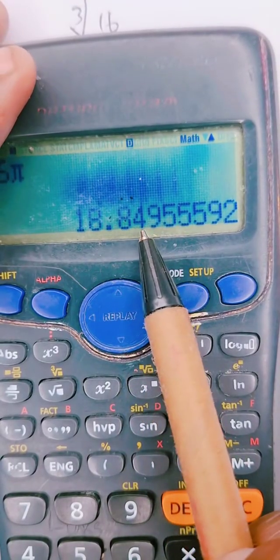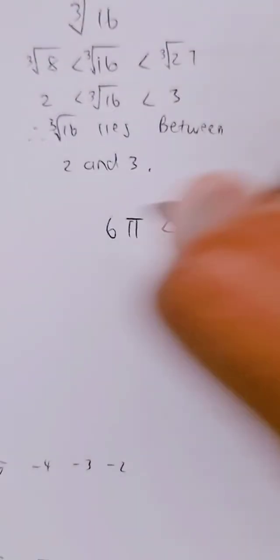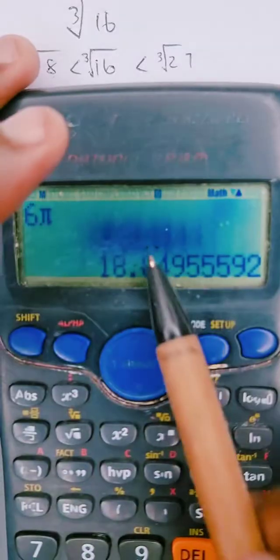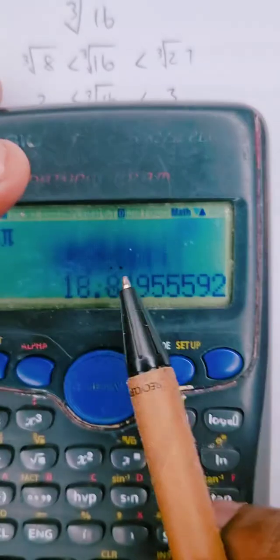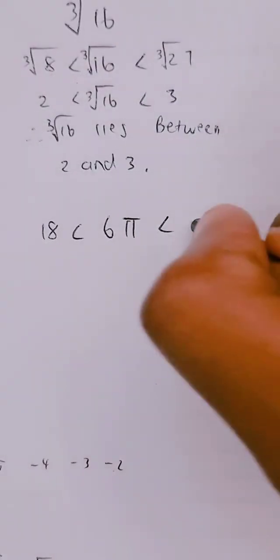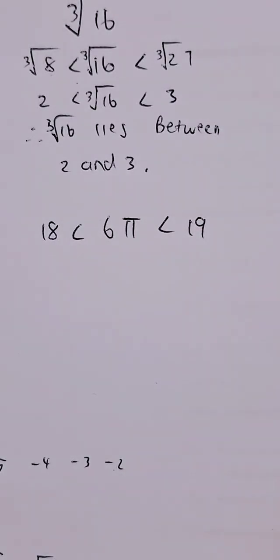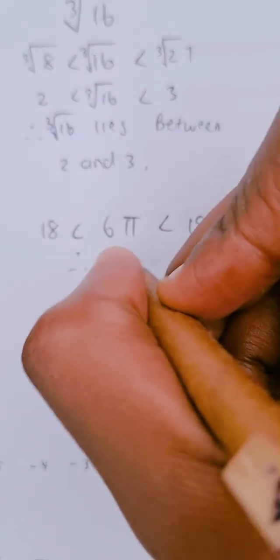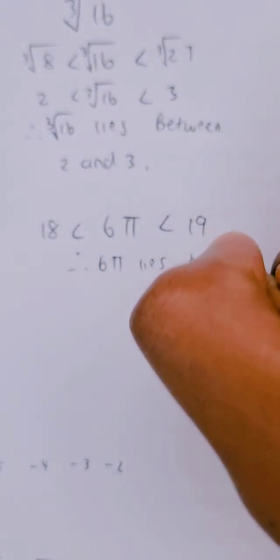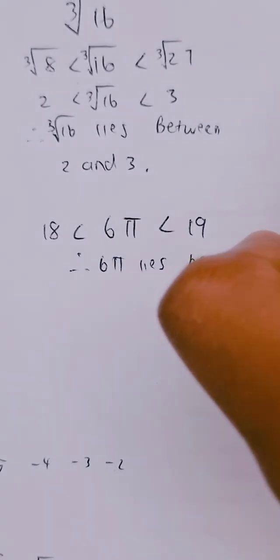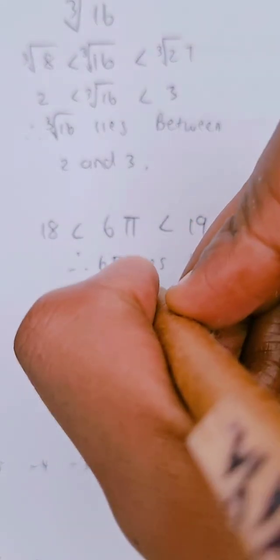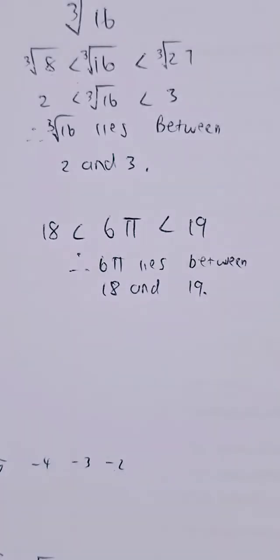Since it's 18.84, it means 18 is an integer on this side, so it has to be 18 and 19. So you say 6 pi lies between 18 and 19, and that wouldn't be a problem, that wouldn't be a cinch.